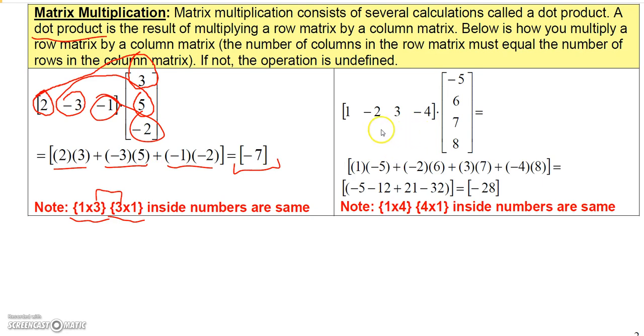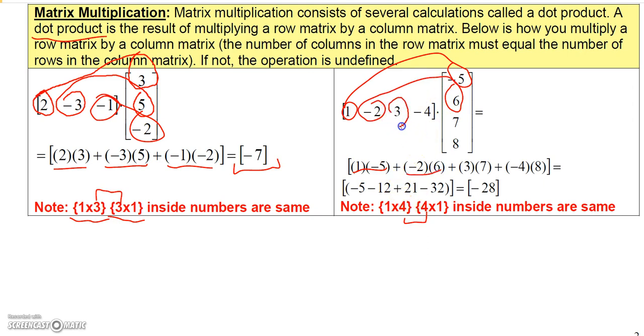Let's do one more. If I multiply this row matrix by this column matrix, notice that the row matrix is a 1 by 4 and the column matrix is a 4 by 1. So the inside numbers do match, so I know I'm allowed to multiply. Then I would just take the first entry by the first entry, and that would give me 1 times negative 5. Then the second entry by the second entry, which gives me negative 2 times 6.